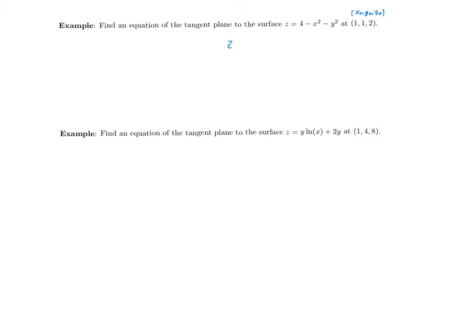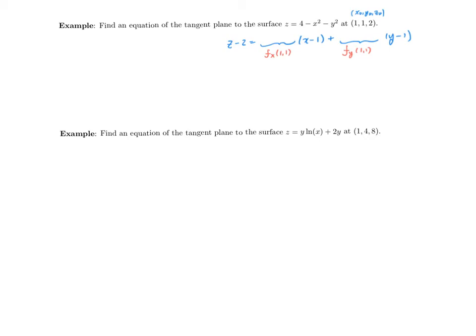So we would have z minus z naught is equal to some number, which is yet to be determined, the partial with respect to x at 1, 1, times x minus x naught, plus some other number, which is yet to be determined, the partial with respect to y at that point 1, 1, multiplied by y minus y naught. So as claimed, we essentially have two values that we need to determine. Those partials evaluated at the point 1, 1.